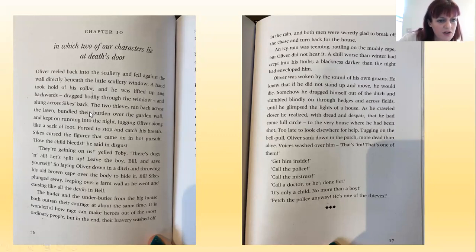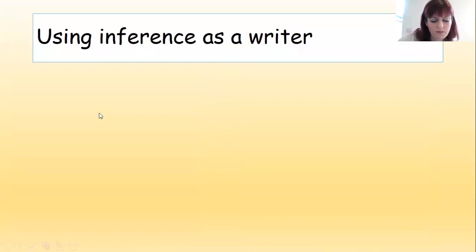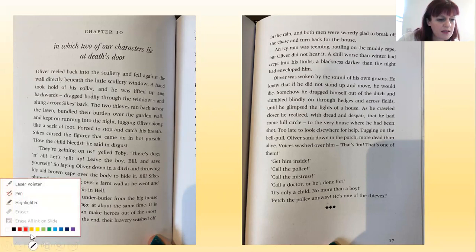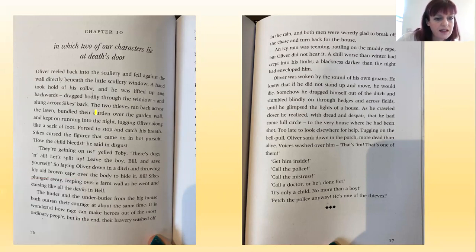It goes on: the two thieves ran back across the lawn, bundled their burden over the garden wall, and kept running into their night. Now, the word burden tells us that Oliver isn't like a loved member of the team. They don't really want to save him. He's a burden.